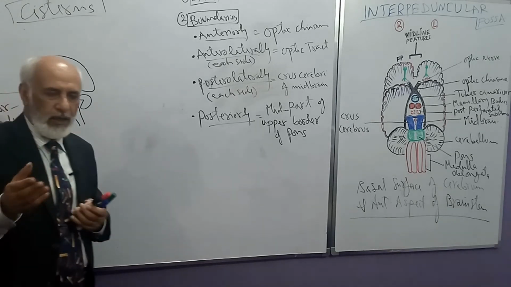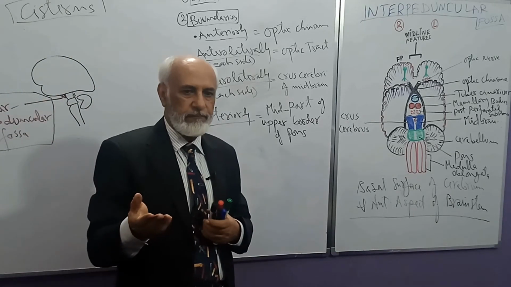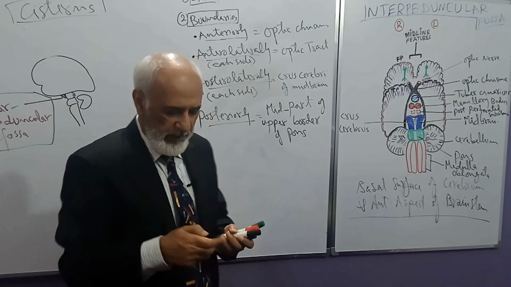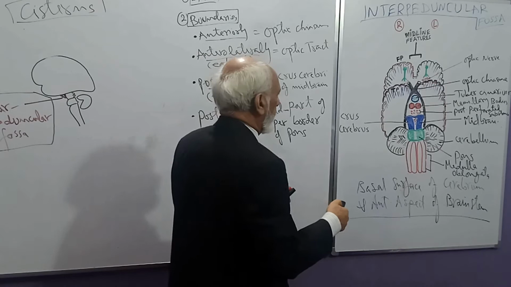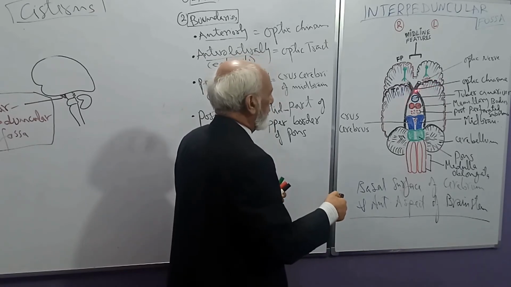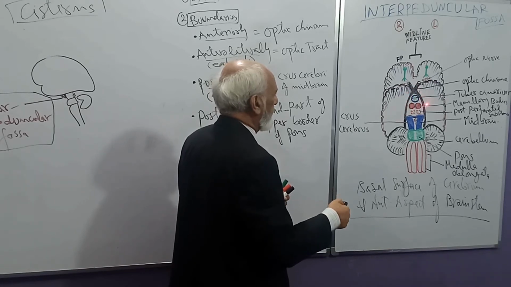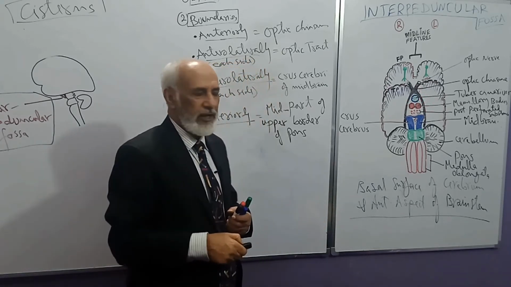Now we are talking about the boundaries of the interpeduncular fossa. I will again repeat with the help of this diagram. You can see anteriorly it is bounded by the optic chiasma, anterolaterally on the right side and left side are the right and left optic tracts.